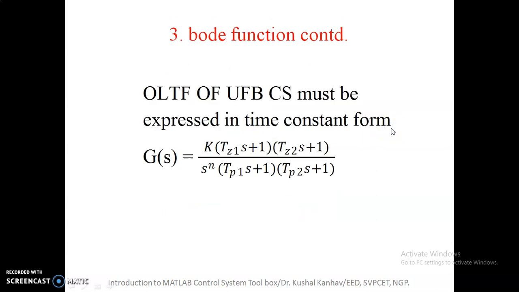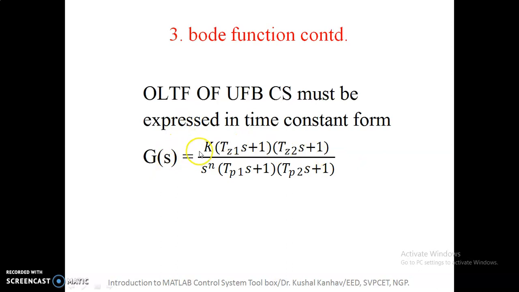Now this is very important. If you want to plot the Bode plot, then the open loop transfer function of the unity feedback control system must be expressed in time constant form. In root locus, the requirement was the pole zero form. In Bode plot, it should be represented in time constant form.